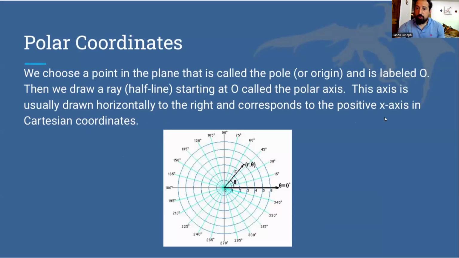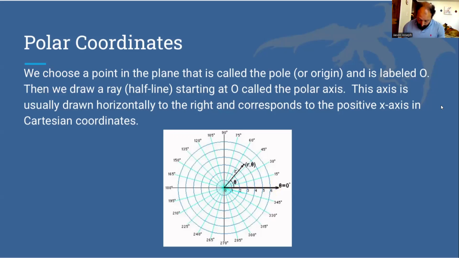Okay, so we have an origin, some point in the plane, and this ray here we usually call the positive x-axis, but right now this is the ray corresponding to the angle 0.